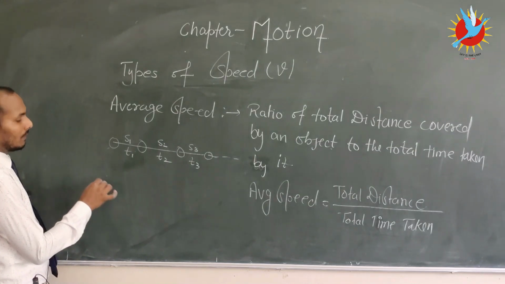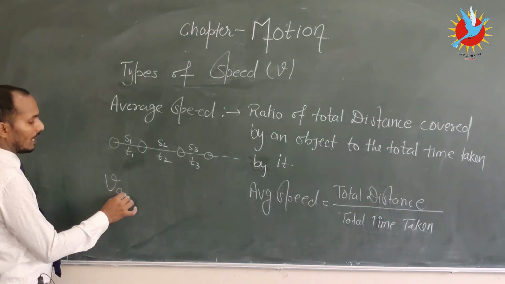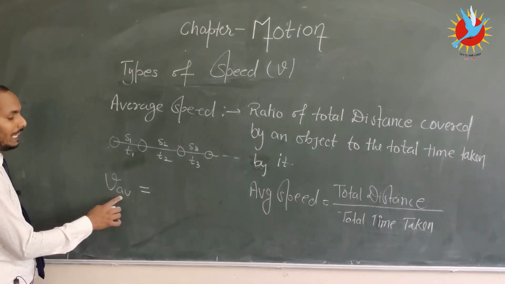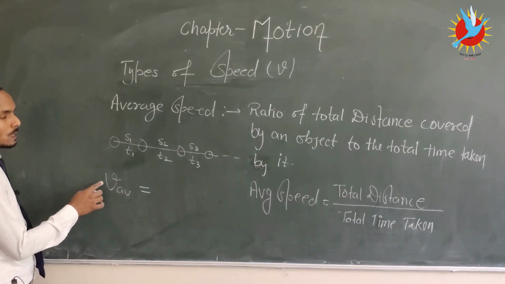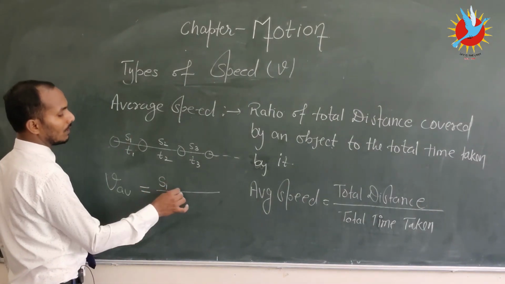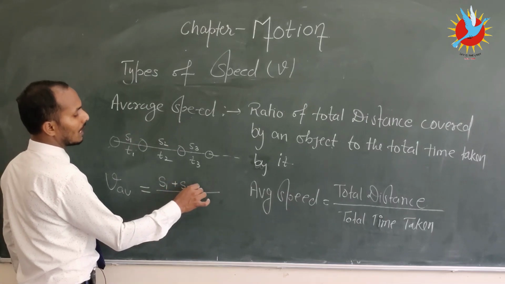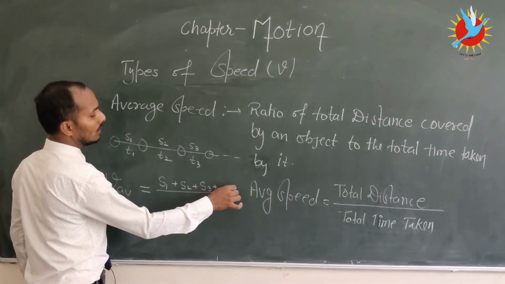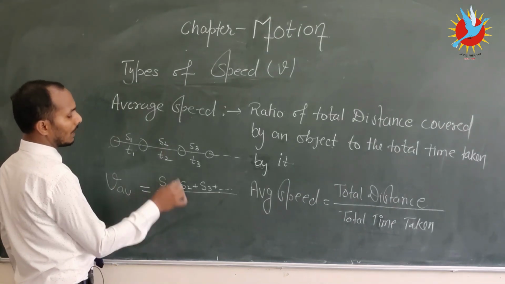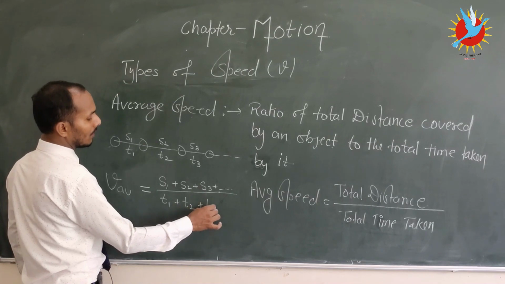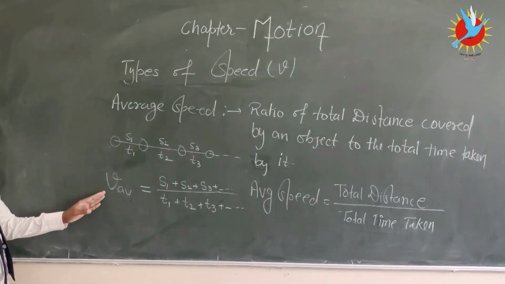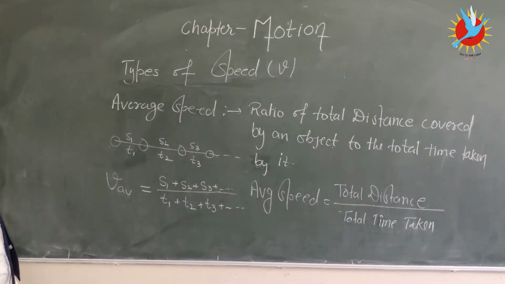Then how can you get the average speed? The symbol of average speed is VAV, where AV means average. Speed is total distance, meaning S1 distance plus S2 distance plus S3 distance and so on, upon the time taken to cover S1, the time taken to cover S2, and the time taken to cover S3, and so on. So this is the formula of average speed.